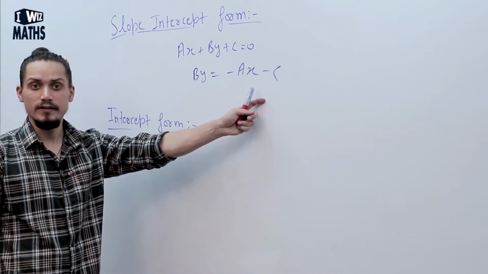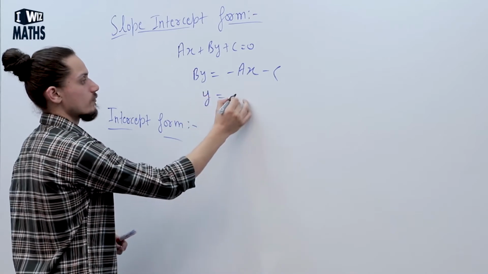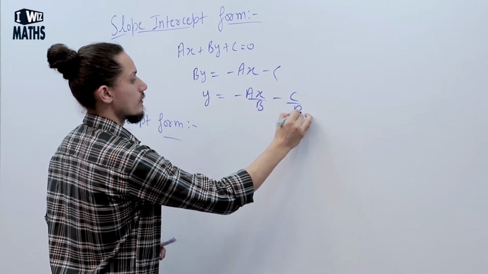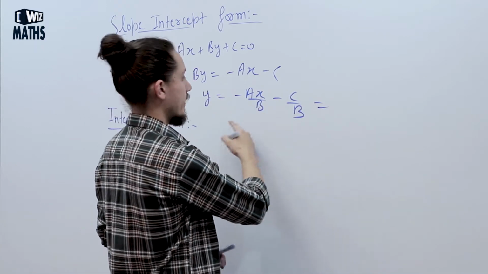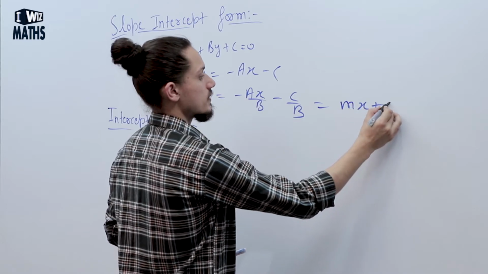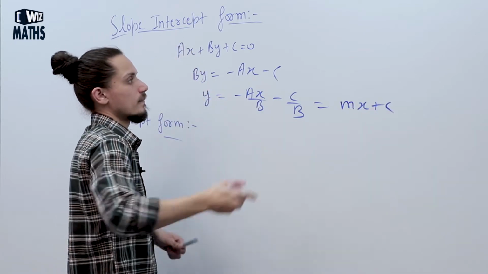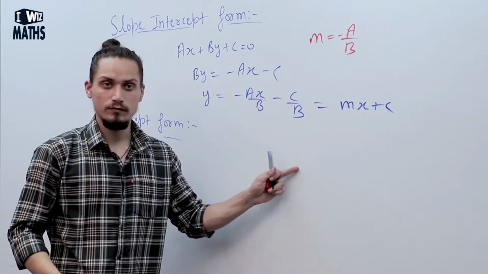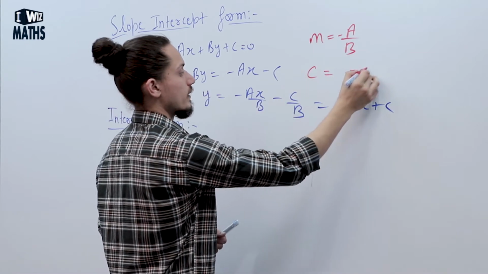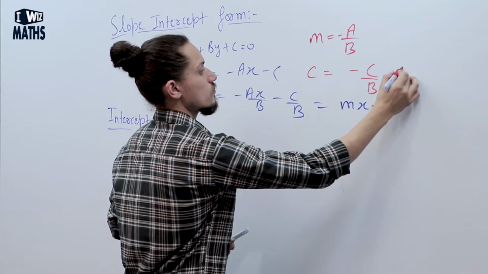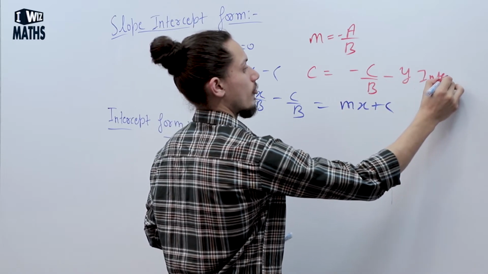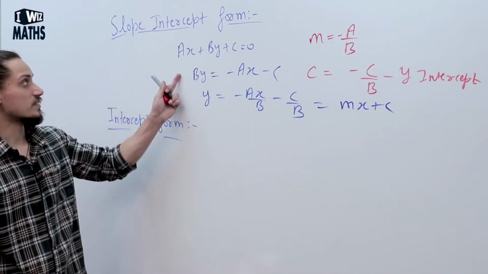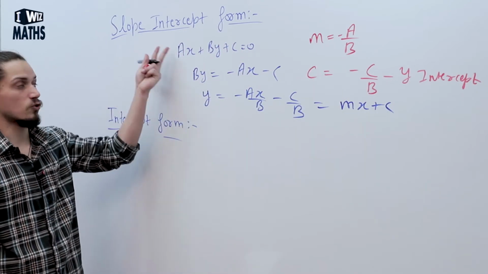Now dividing every term by b, we get y is equal to minus a x upon b minus c upon b, which is of the form y is equal to mx plus c, where m is equal to minus a upon b, that is slope of the line, and c is equal to minus c upon b, which is y-intercept. So we have a slope, we have an intercept. This is the form of general equation of line in slope intercept.